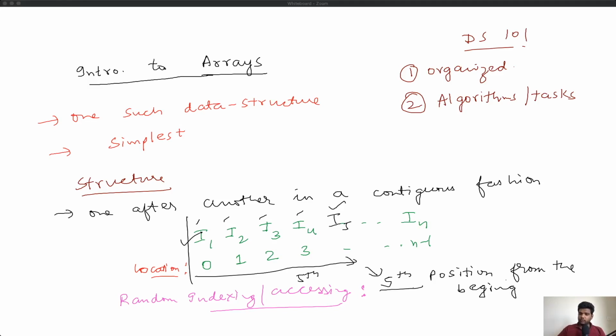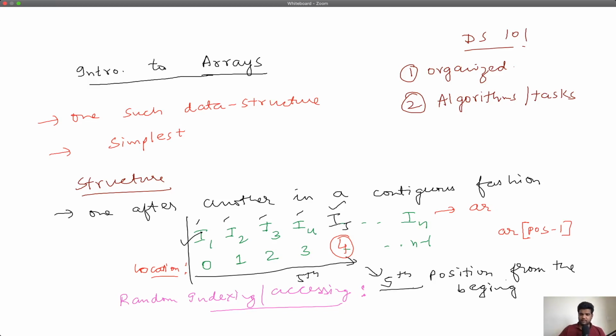And how would you do that in programming terms? Let's say this array is AR. You can simply use position minus 1 to access that particular item. So if you want to look at the 5th item, you are essentially talking about location 4. In arrays, like in computer science, we generally start with 0 and not with 1.